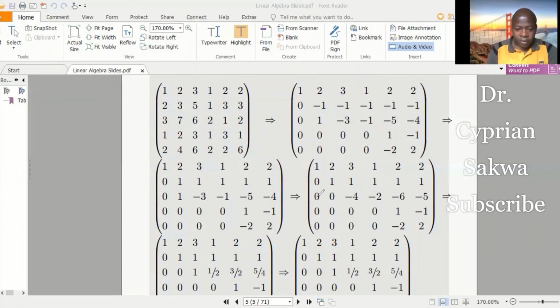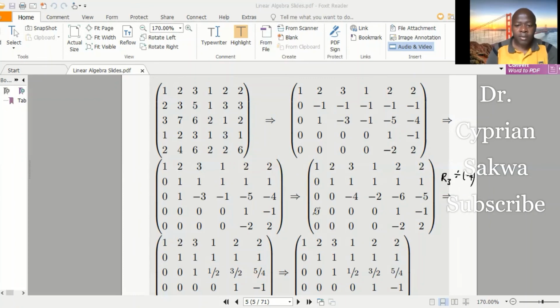Now, you can see that my leading element in this row is now this. So I also make this leading element to be 1. To make it 1, I divide the entire row 3 by -4.